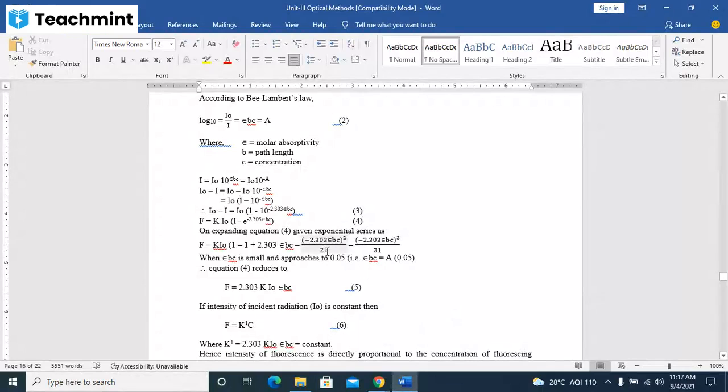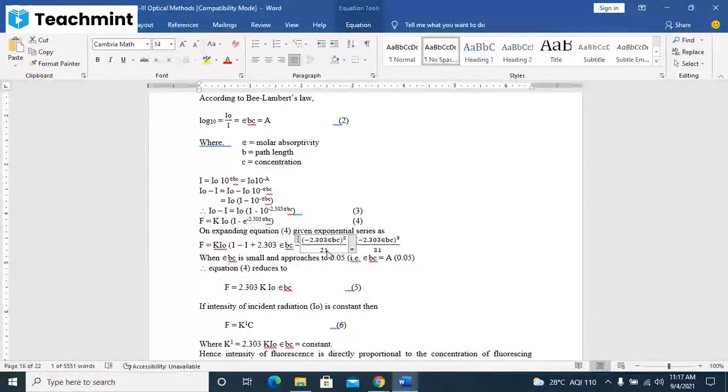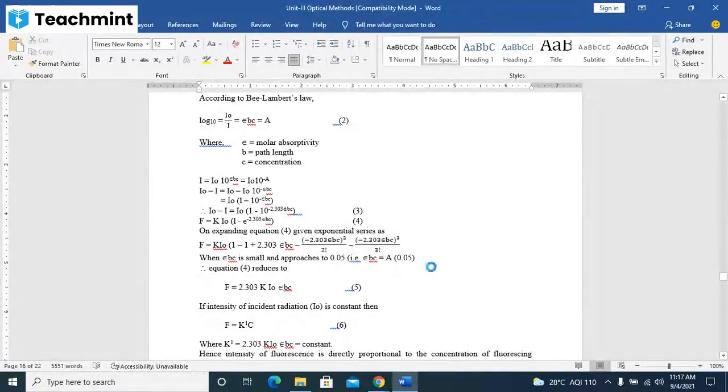It should be n factorial. Here 3 factorial. ये factorial में expand होता है when epsilon bc is small and approaches 0.05, that is epsilon bc is equal to A is equal to 0.05. This is the equation number 5.